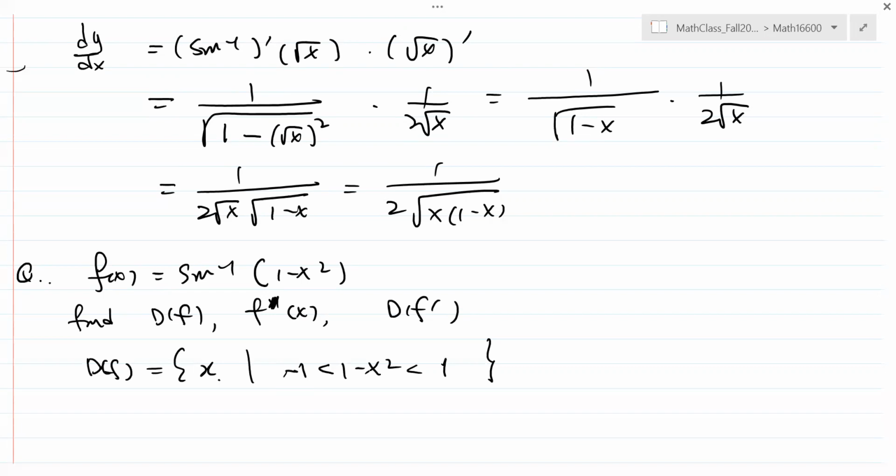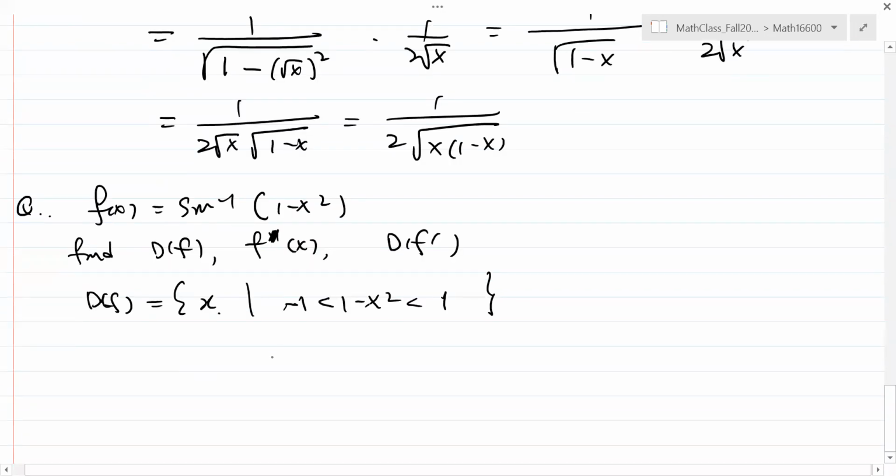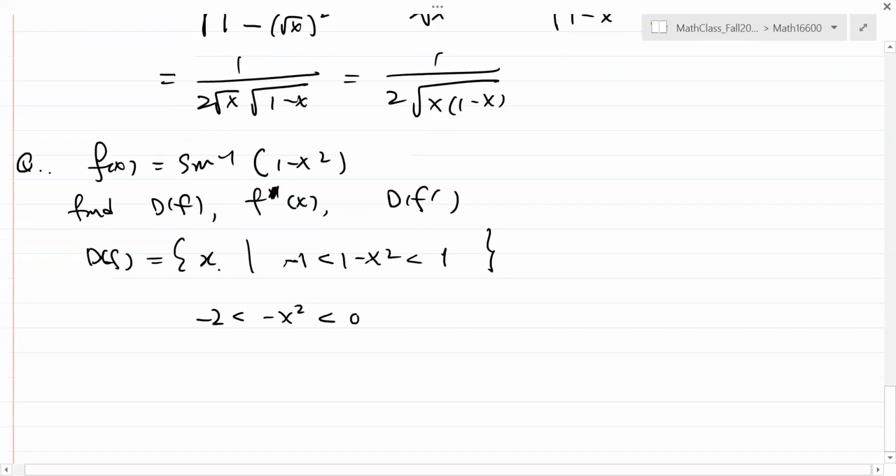So let's solve this inequality. Negative x squared is less than 0 and greater than negative 2. You move 1 to both sides. Then you multiply by a negative sign, and you have to change the direction of the inequality.